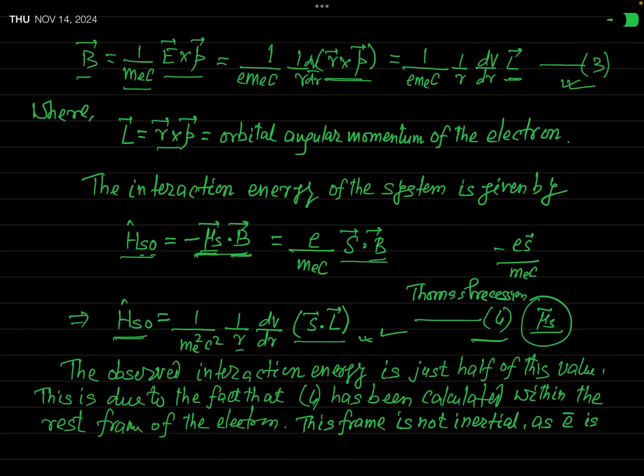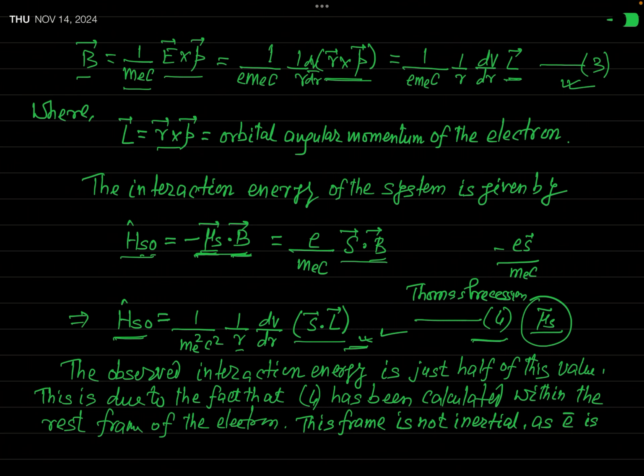This is the cause. Although I have not written all these facts, I understand you now have a clear idea why this value of energy, which we obtained by classical concept, deviates from the actual observed value in the spin-orbit interaction. The actual observed value is just half of this value, and the reason is the Thomas precession.